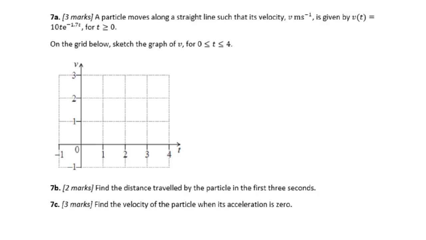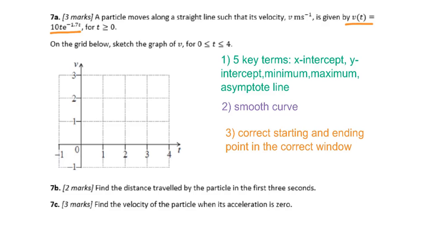Let's go to 7a. A particle moves along a straight line such that its velocity in meter per second is given by v of t equals this for t greater than or equal to 0. On the grid below, sketch the graph of v for t from 0 to 4. When you draw a graph, you have to make sure you have 5 key items.